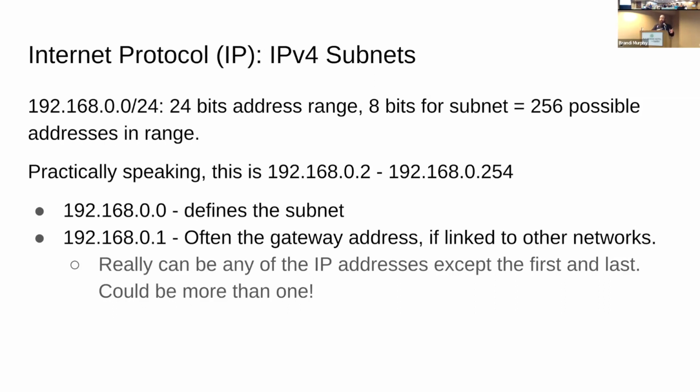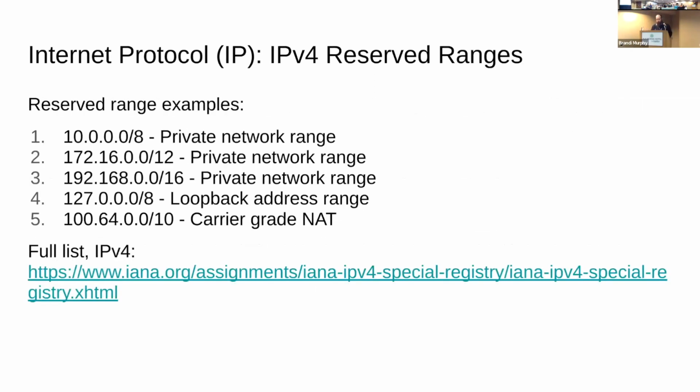And then we have to go into routing. We won't delve into that today. If you have a standalone network, however, that's not linked to any others, you don't have to have a gateway. And so you have one more IP address to use. And as I referred to earlier, there are a number of subnets in the IPv4 world that are reserved. Those top three are your private IP addresses that are RFC 1918 space.